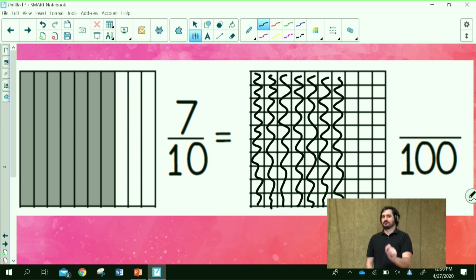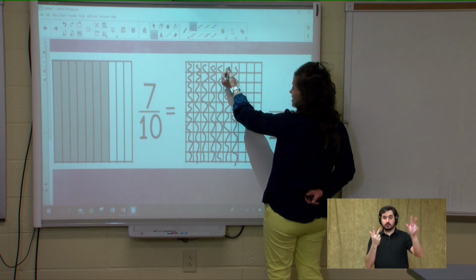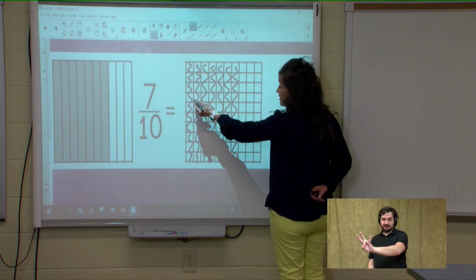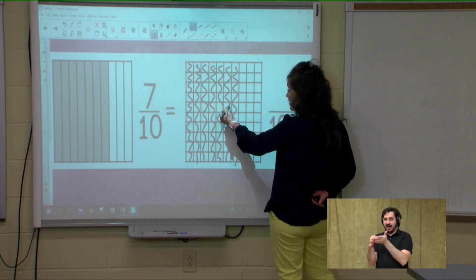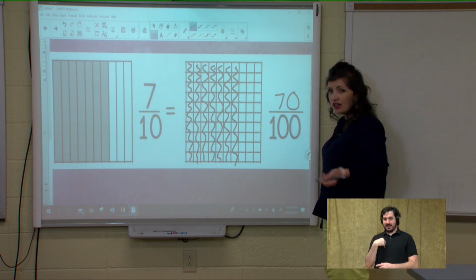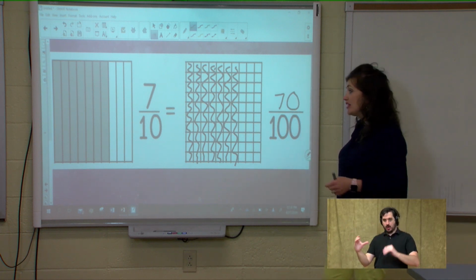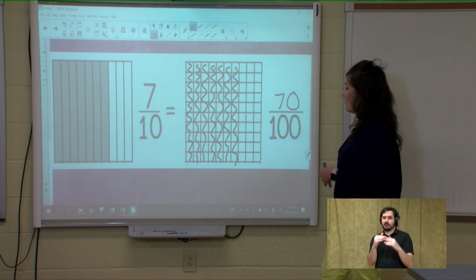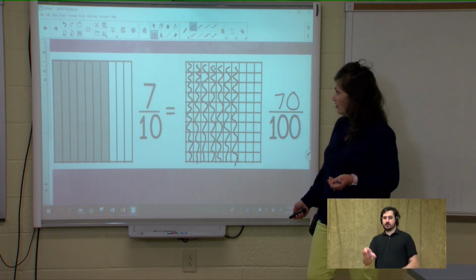Notice at my columns, I have 1, 2, 3, 4, 5, 6, 7 columns. If I count my hundredths, 10, 20, 30, 40, 50, 60, 70, I have 70 hundredths. So I know that 7/10 is equivalent to 70 hundredths.